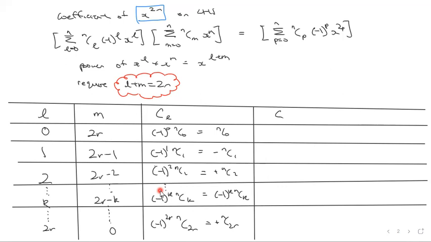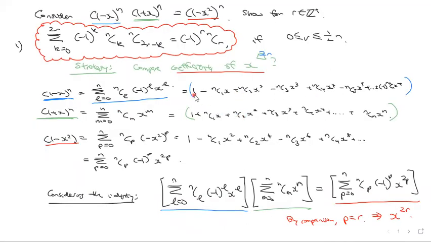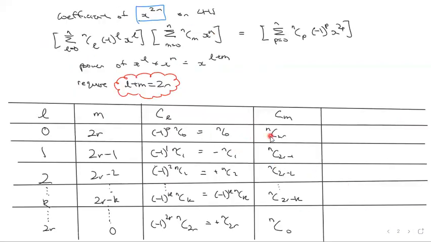We also need a coefficient from M. Well, that is simply going to be NC2R, NC2R minus 1. There's no negative this time. NC2R minus 2. Dot, dot, NC2R minus K, and NC0. So you've worked out the coefficient from the L and the coefficient of the M. Now, of course, when you multiply two things together, the coefficients also multiply together, which means your coefficient will just be these two things multiplied together.